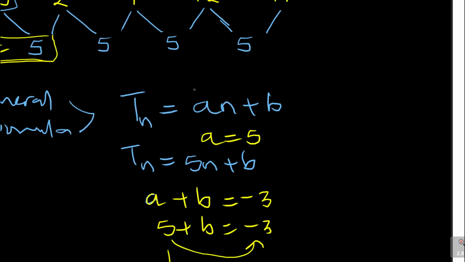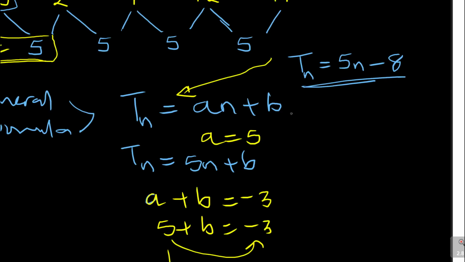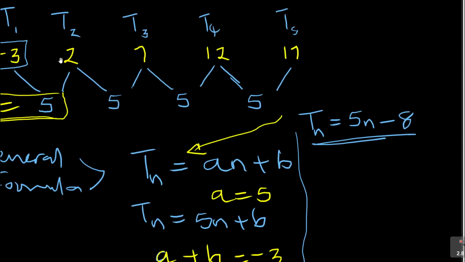This means we can conclude that Tn is equal to 5n minus 8, since a is 5 and b is minus 8. There it is. You can test it, and it's easy to test. Say I want to test with 4.